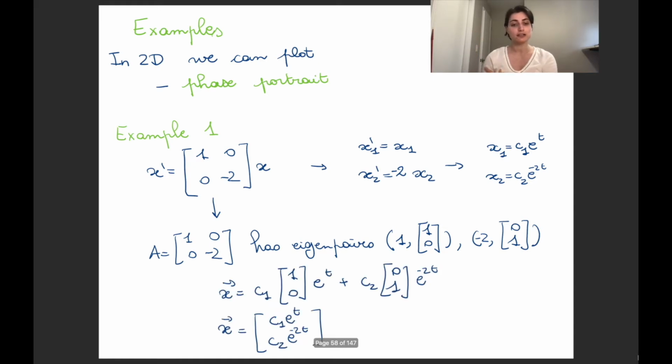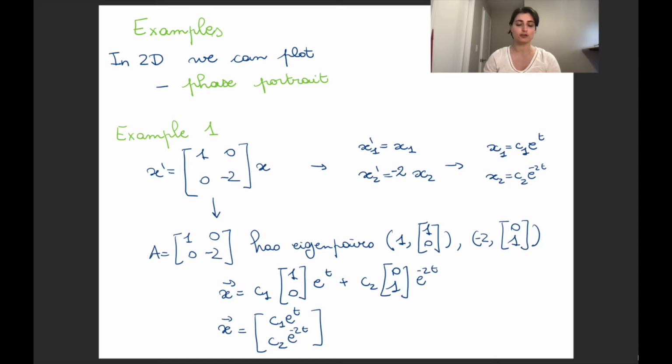So now that we have this, we can write our solution x in a vector format as c1 multiplied by the first eigenvector 1, 0 multiplied by exponential of the first eigenvalue times time, exponential of t, plus c2 second eigenvector exponential of second eigenvalue times t. So c2 multiplied by 0, 1 exponential of minus 2t.